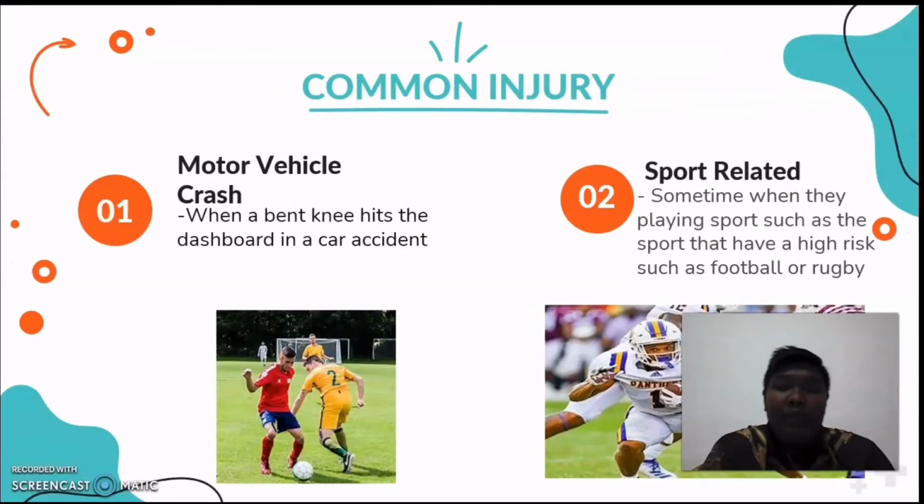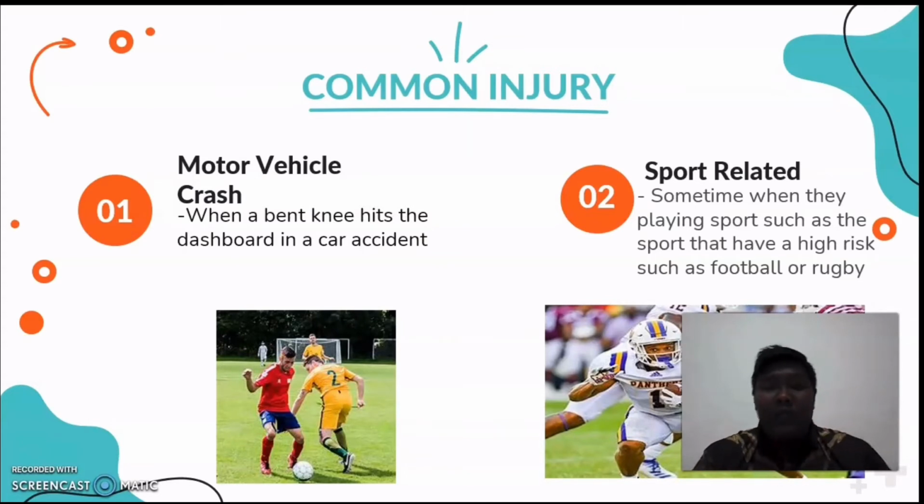Next slide is common injury. The PCL injury is common in a motor vehicle crash, such as when a bent knee hits the dashboard in a car accident.